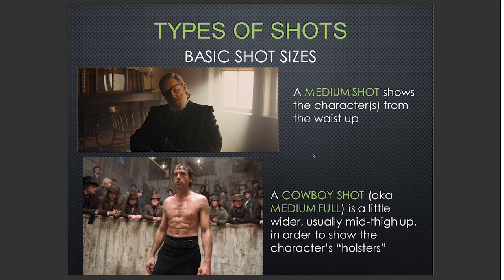All right, so we have types of shots. There's some more types of shots. What you notice is this is the average medium shot, but remember, like I said before, as we keep on breaking it down, it gets more specific. So besides the regular medium shot that's from the waist up, we have this cowboy shot, or the medium full shot. With this one, his waist is right there and it goes to his thigh, almost to his knee.